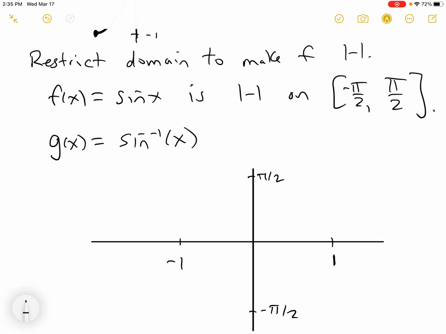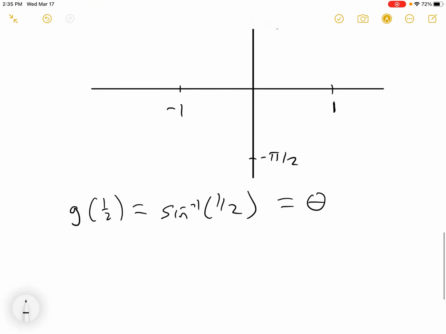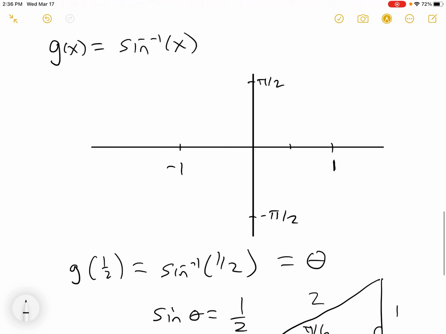Right? So what we're saying here is, what is g of 1/2? This is the sine inverse of 1/2. And this is equal to an angle. This says, the sine of what angle is 1/2. So it's pi over 6, right? So at 1/2 we have pi over 6 here.